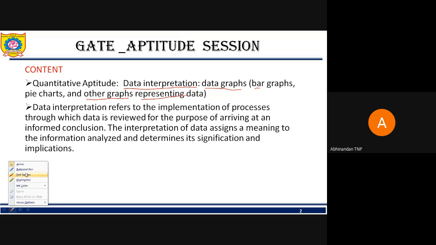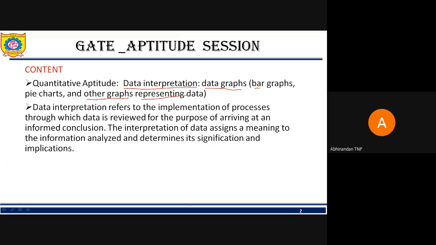Actually, it is easy to find the answer by observing any graph, but they do not give you a simple question. They may ask you a tricky question, and in that you have to use different mathematical tools like average, percentage, ratio, and proportion.